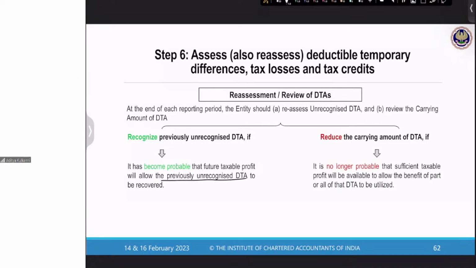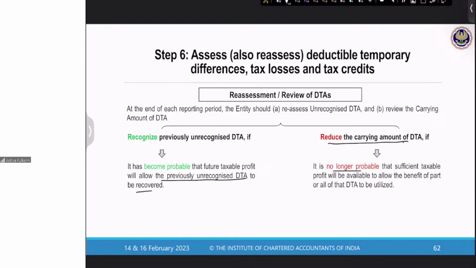It can also be the opposite: I had recognized something in the past, but now profits are not going to come, taxable differences are not going to come, neither is there any tax planning opportunity. It was there before, but not now. Then it is no longer probable, so reduce the carrying amount of DTA.